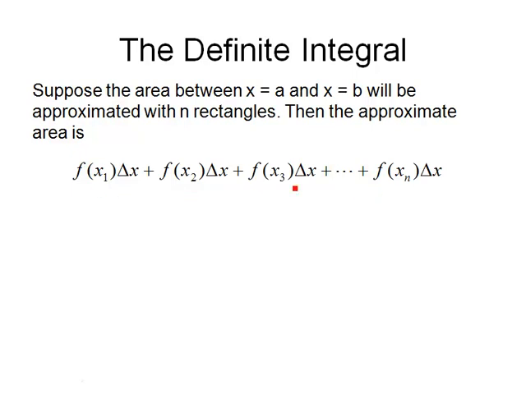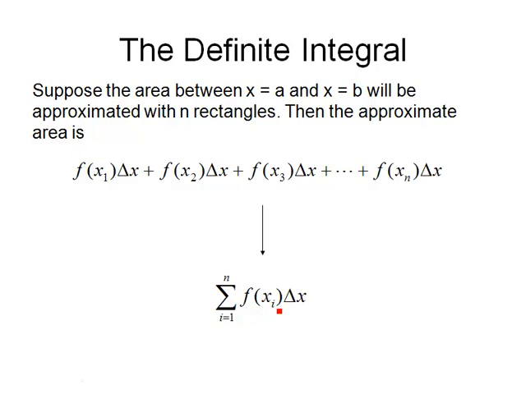But right now we've got a sum of n of these rectangles, and what I'm going to do is abbreviate that using this sigma notation, this big Greek letter sigma. What this tells me is I have many terms, each one which is f of something times delta x, and the sigma tells me that I'm adding many of these things up.